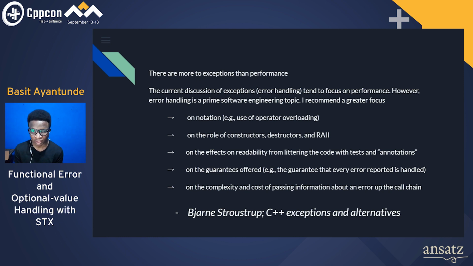I recommend a greater focus on notation, on the role of constructors, destructors, and RAII, on the effects on readability of the code with tests and annotations, on the guarantees offered, and on the complexity and cost of passing information about an error up the code chain.